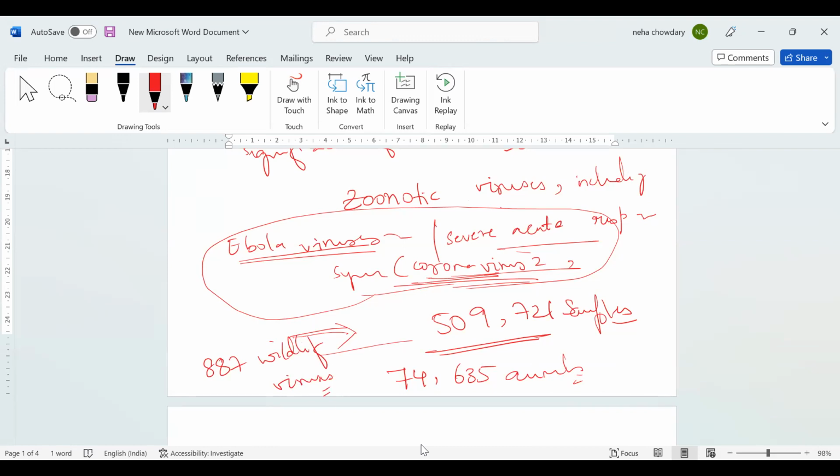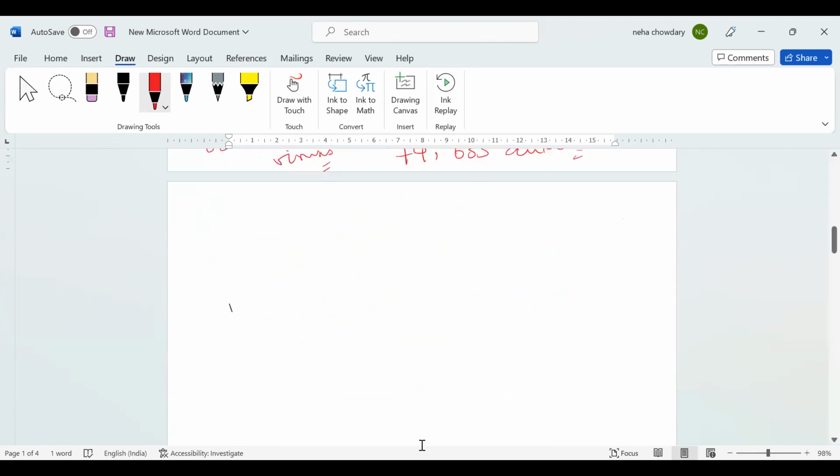validating the risk assessment. The top 12 viruses were known zoonotic viruses, and this 12 includes COVID.